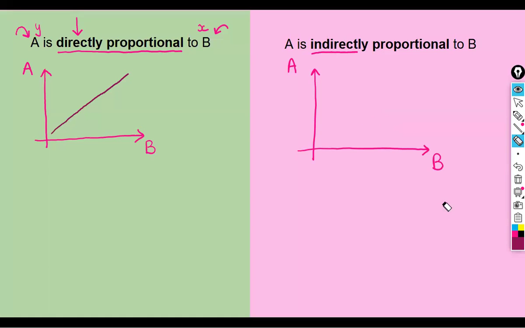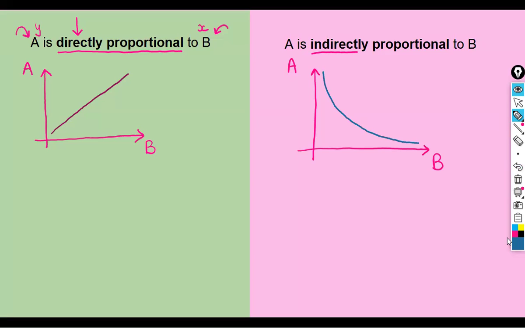But this is actually not true. An indirectly proportional graph actually looks like this. It's a curve gradually going downwards. Strange, huh? You don't have to know why, you just have to be able to know the shapes of the graph. Don't take down anything as yet, okay?